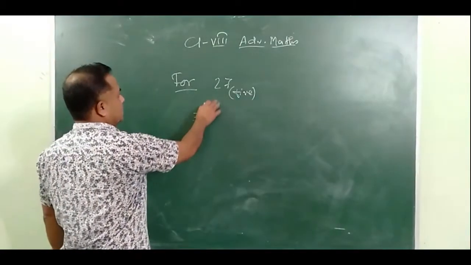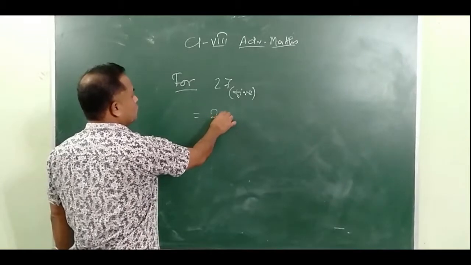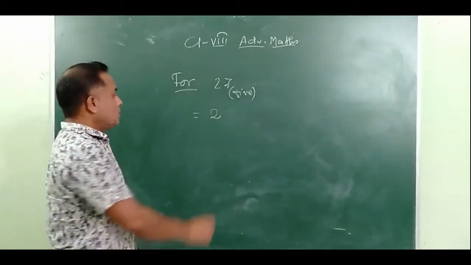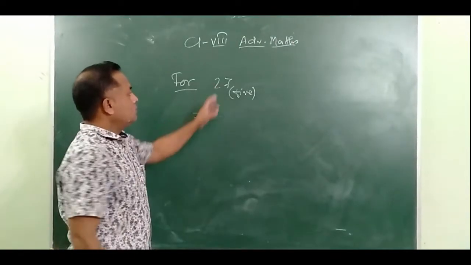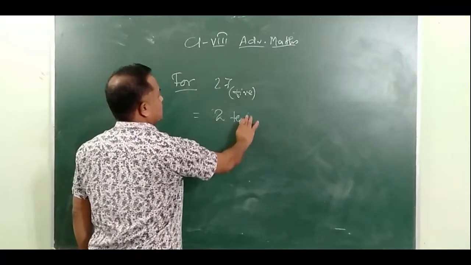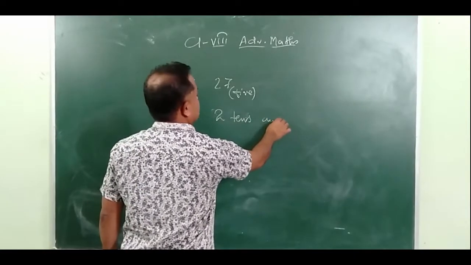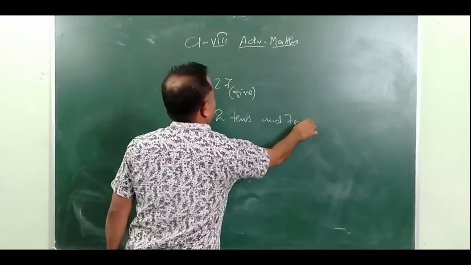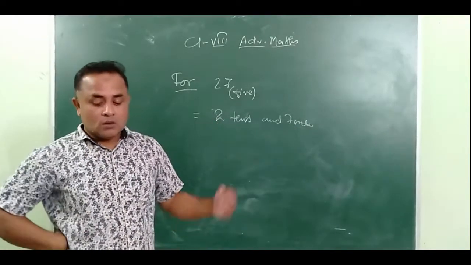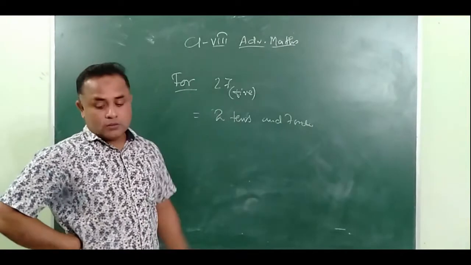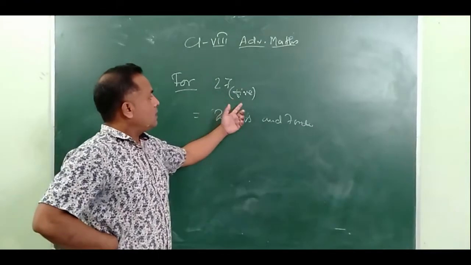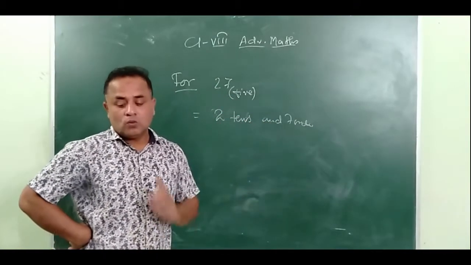What does it mean? It means that 2 in the fives place and 7 in the ones place.